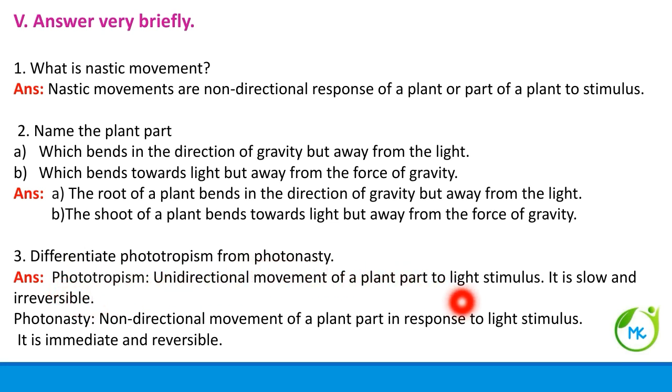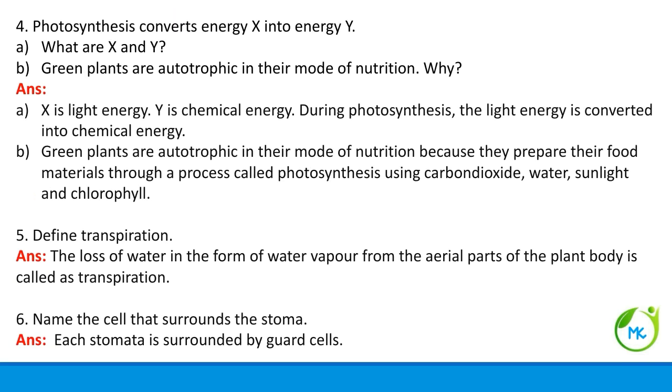It is light. So unidirectional movement of a plant part to light stimulus. Tropic movements are always slow and irreversible. Next, photonasty: non-directional movement of a plant part in response to light stimulus. It is non-directional, immediate, and this process can be reversed.